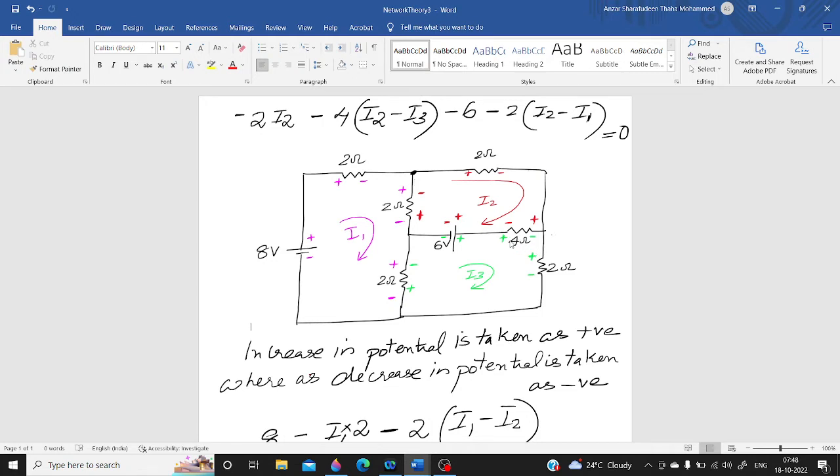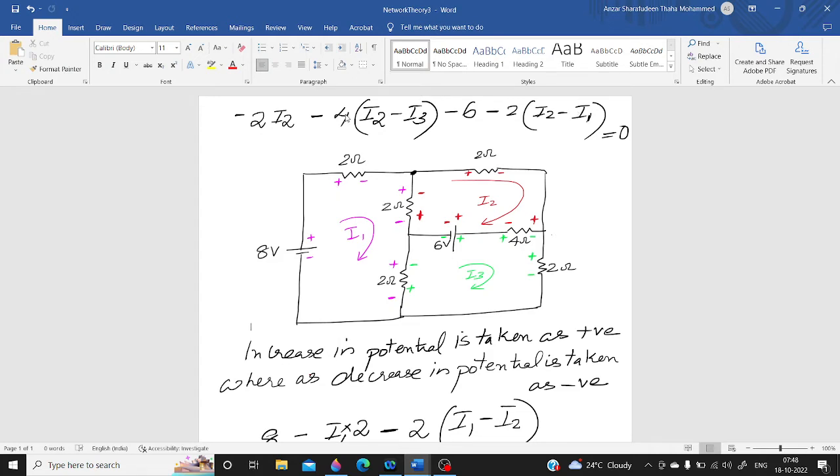Okay, and since through the 4 ohm resistor and this 2 ohm resistor there is another current flowing in the opposite direction, the opposite current is taken as negative. That is why here we have taken minus I3 and here we have taken minus I1. Okay, so that is equation number 2.